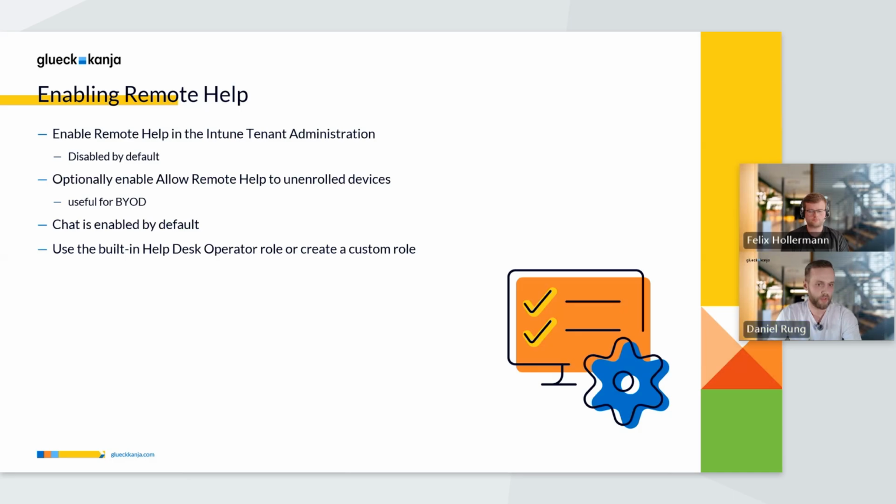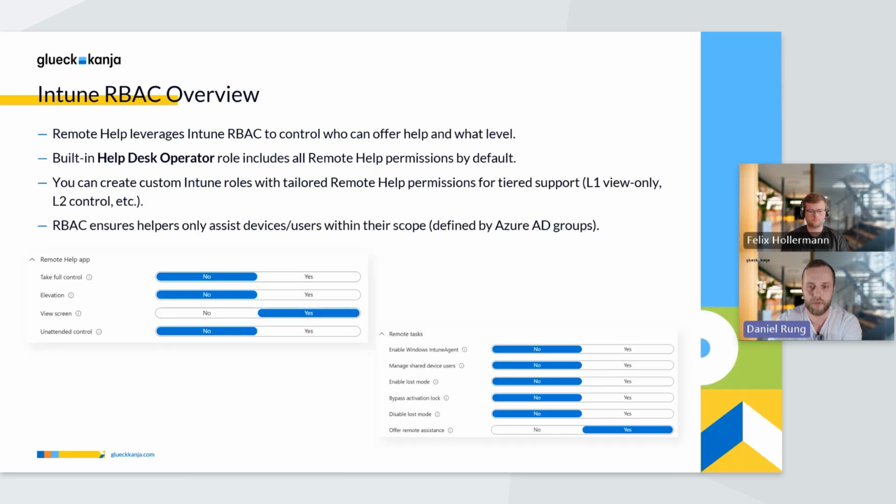And there you also have options. First of all, you can just use a built-in role, the Help Desk Operator role. It includes at the moment all the features which the remote help app has: full control, view screen, elevation, unattended control, and the remote tasks.